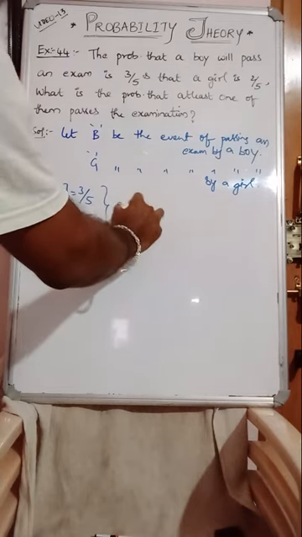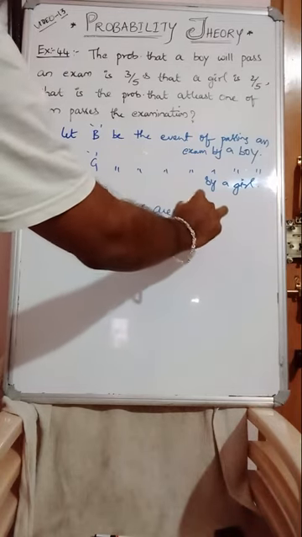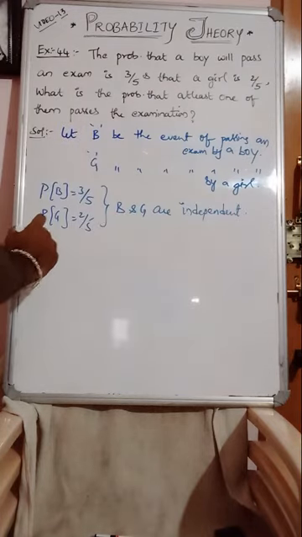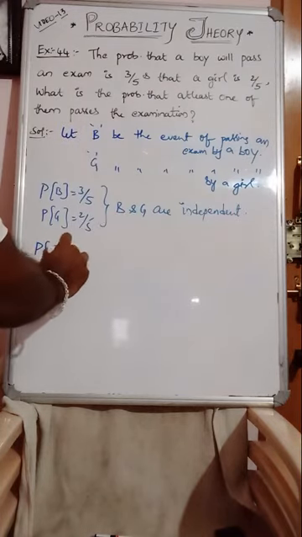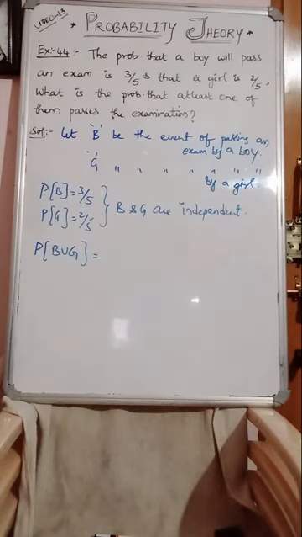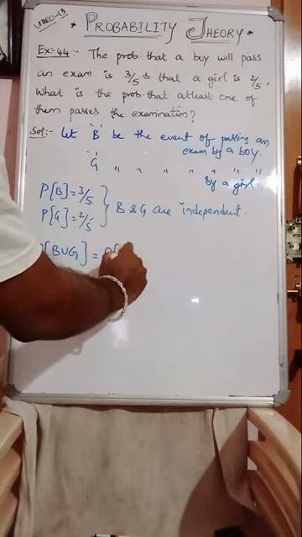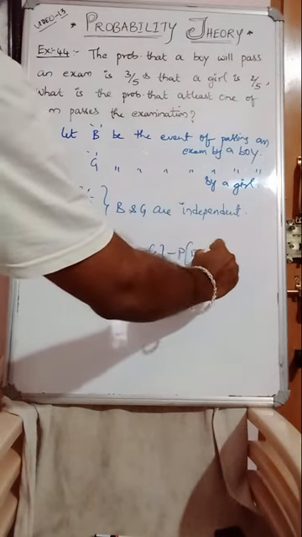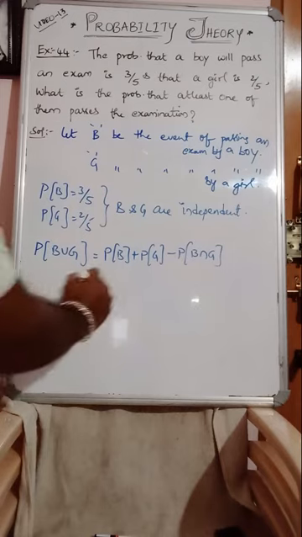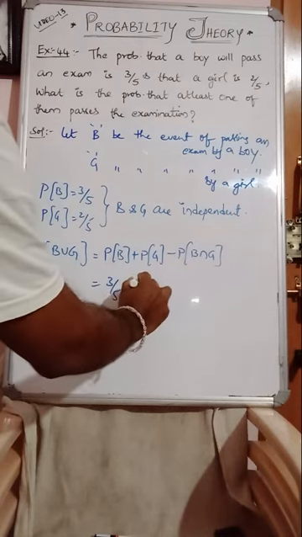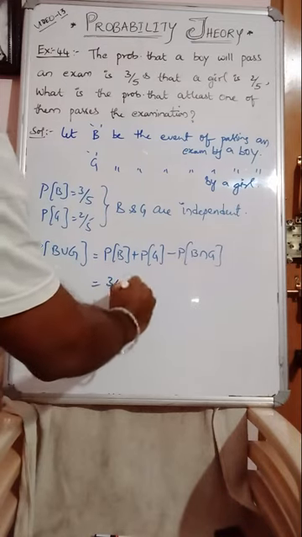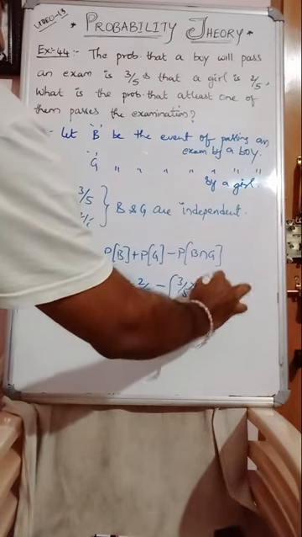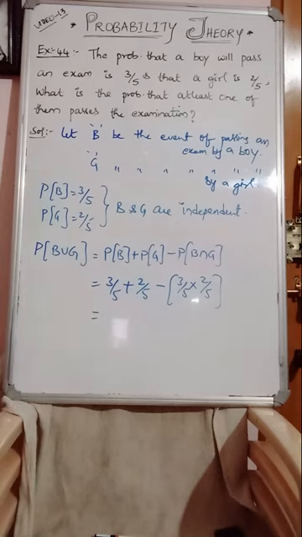Therefore, here the boy and girl are independent, isn't it? Therefore, at least one, P of B union G, is nothing but P of B plus P of G minus P of B intersection G, boy and girl. Substitute here: 3 by 5 plus 2 by 5 minus 3 by 5 into 2 by 5. So 3 by 5 plus 2 by 5. Simplify that one.